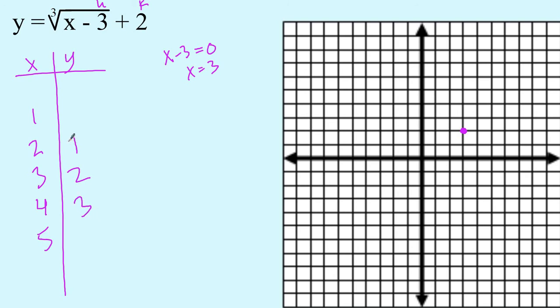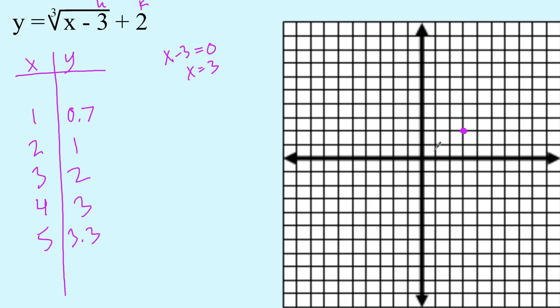That makes sense. Plug in 1, hold on, let me get my cube root. Cube root of 1 minus 3, plus 2. So we get 0.74, so just 0.7 is fine. We plug in 5, we get 3.3.